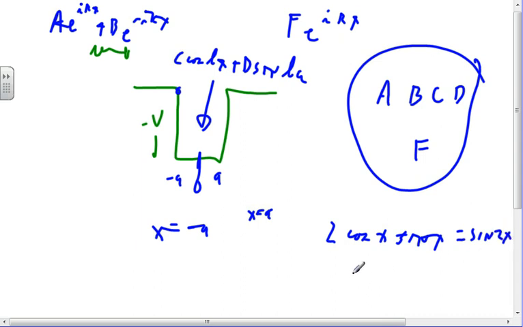And then I had other things that said cosine squared x minus sine squared x, and you look in the back of your book and you find that that's cosine 2x. So I was actually using the trig identities out of my Tech Math book.